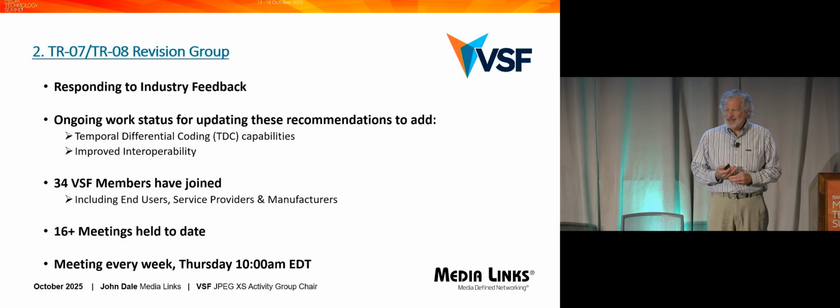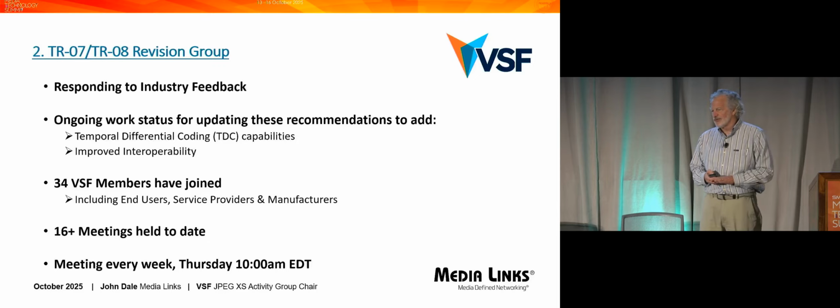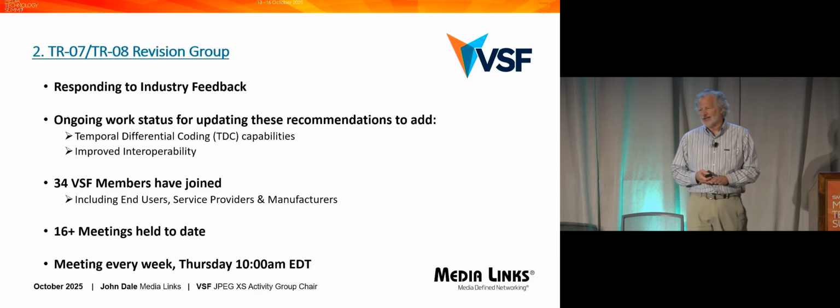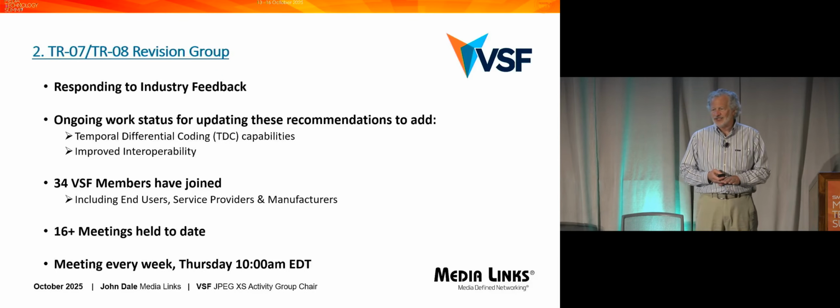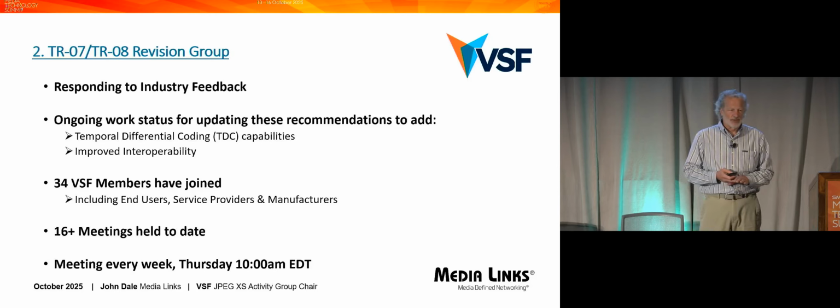So the main effort in the revision activity is to deal with industry feedback. But also there's a few things that are going to be added to the recommendations. We're adding temporal differential coding, which is a new capability in JPEG XS. That's called TDC. And we're making some changes to improve interoperability.